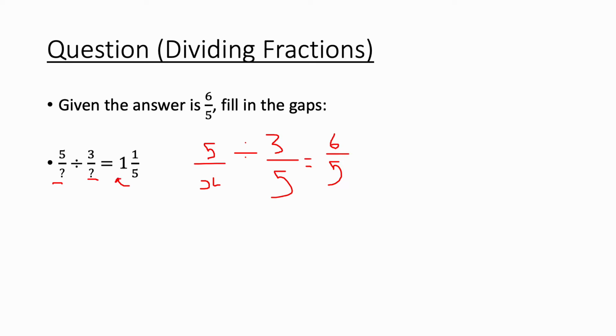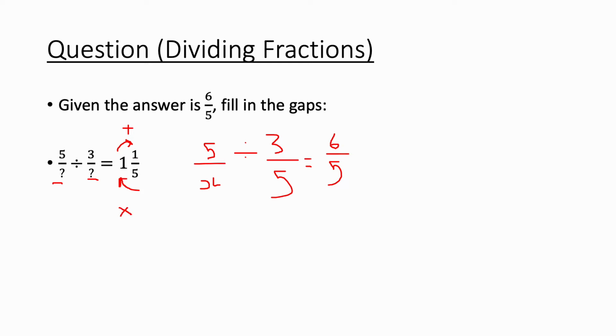So I multiply the denominator by the whole number, and then I add. 5 times 1 is 5, plus the 1 I get 6. So you times the denominator by the whole number, and then you add your answer to the numerator.